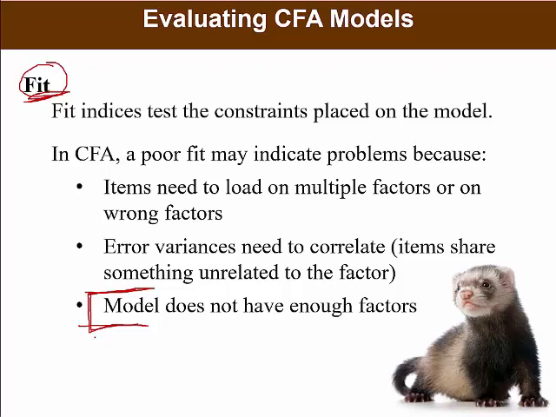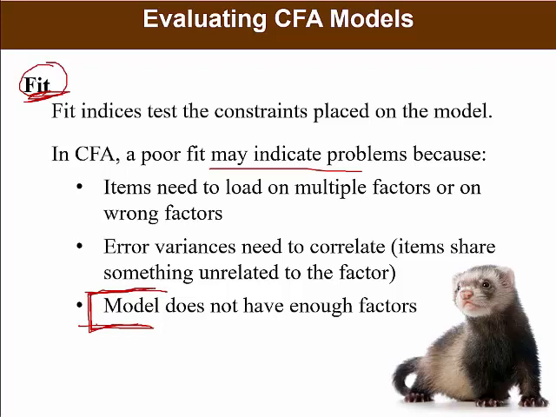If I have 3 factors, I'm relaxing constraints. If I had as many factors as I have items on my questionnaire, then my model would be saturated and I'm not making any constraints. So the fewer the factors, the more you're placing constraints on your model. And fit tells you about the reasonableness of your constraints. So a bad fit can tell you you don't have enough factors, but it cannot tell you if you have too many factors. That's a different question. It's an important question, but we'll have to address that one with a different technique, not fit.